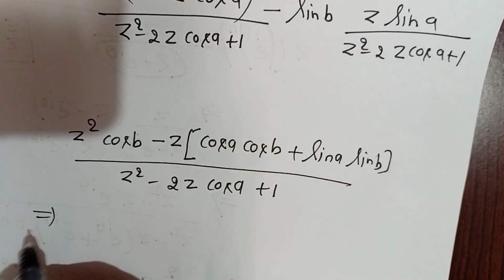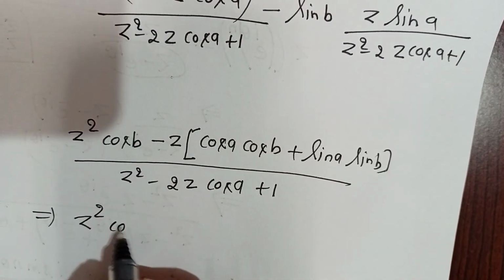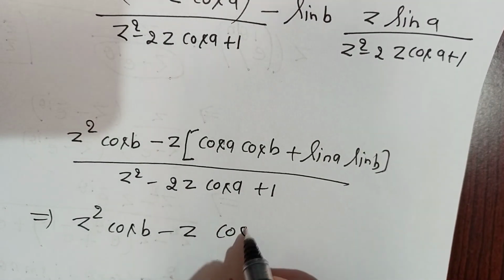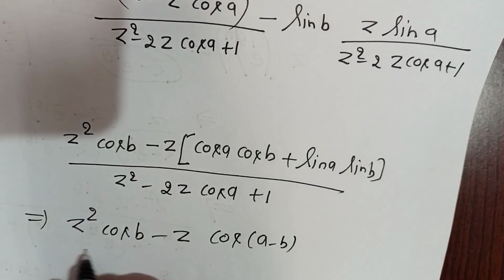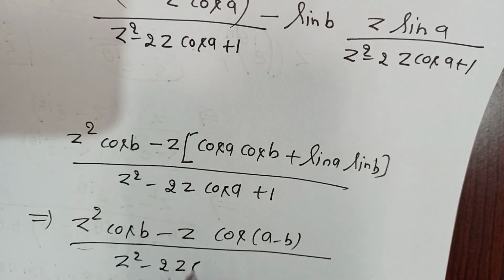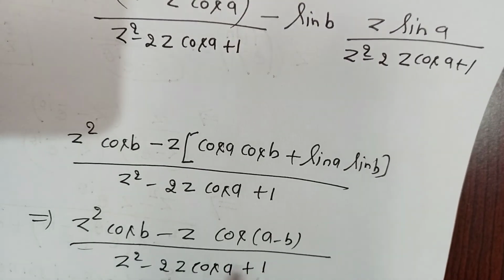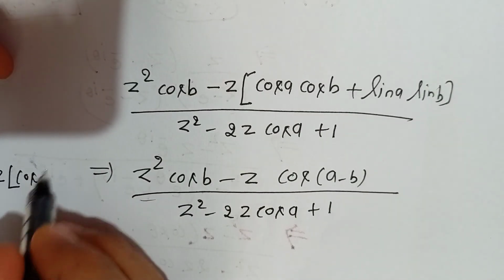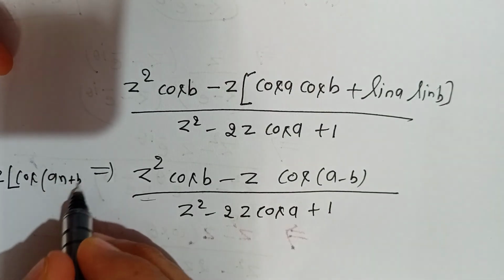So we can get z² cos b and this will be minus z cos(a−b), fine, divided by (z² − 2z cos a + 1). So this is your Z transform of cos(an+b).